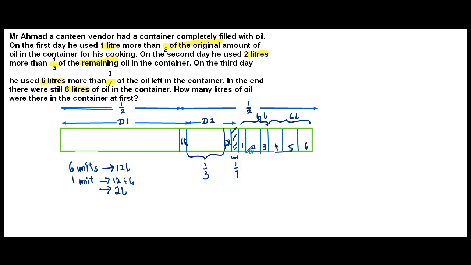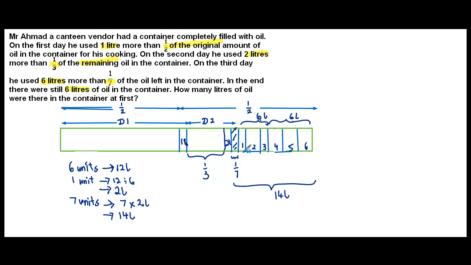So if 1 unit equals 2 liters, we can find 7 units. 7 units would equal 7 times 2 liters, and we get 14 liters. So 14 liters would be from here right up to here. So this is 14 liters.